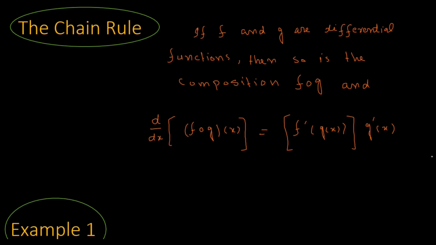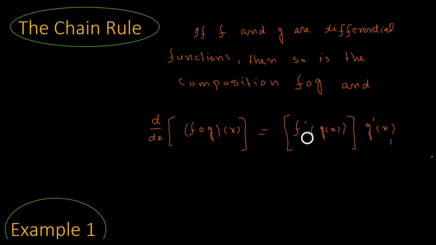The derivative of the composition function will be just like this. f o g is the composition of two functions if f and g are differentiable functions. Remember that the chain rule is applied on the composition of two functions, and those functions should be differentiable, meaning we can find the derivative of those functions. After taking the composition f o g, we take the derivative.